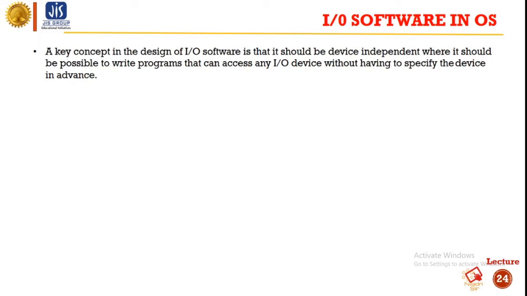A key concept in the design of IO software is that it should be device independent, where it should be possible to write programs that can access any IO device without having to specify the device in advance.